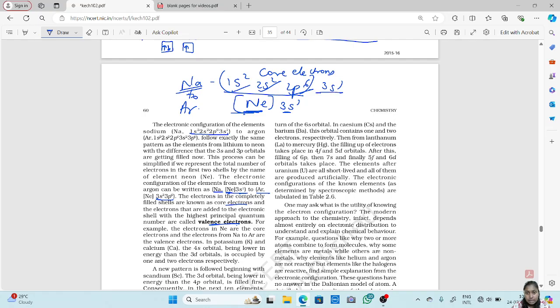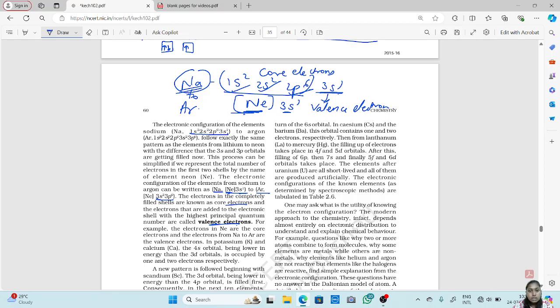And this 3s orbital with higher energy level is starting to fill up, with the highest principal quantum number. Compared to them, this is the highest principal quantum number, right? So this is a valence electron. I'm telling you with respect to sodium, but this is the same for all atoms.